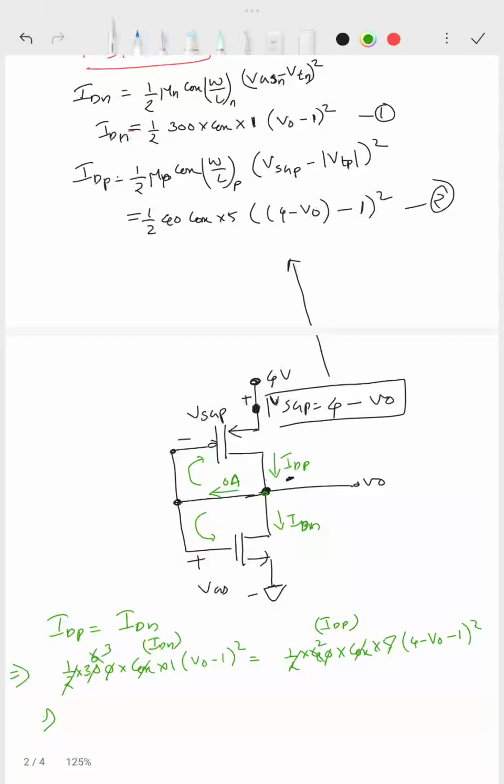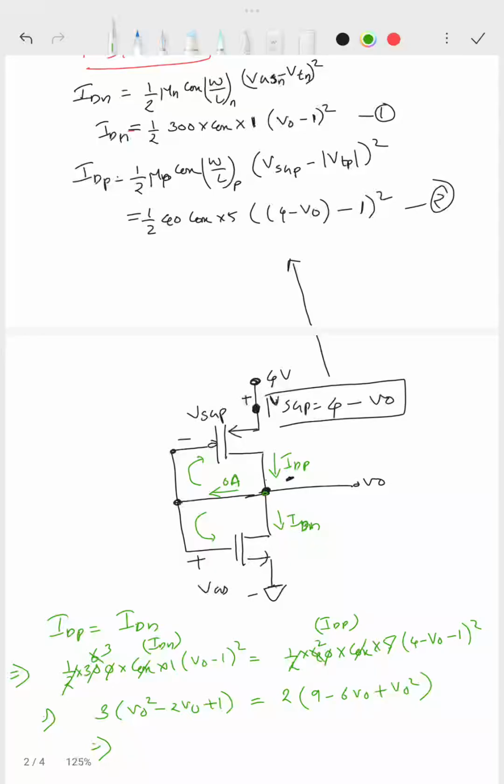So I'll get 3 into V naught square minus 2 V naught plus 1 on LHS, and this is equal to 2 into 4 minus 1 is 3, so 3 minus V naught whole square, so it is 3 square, that is 9, minus 3 into 2 is 6, so 6 V naught plus V naught square. So this is what I will get.